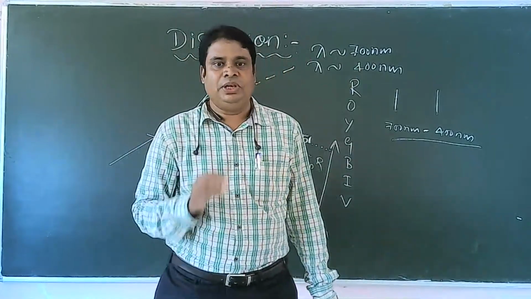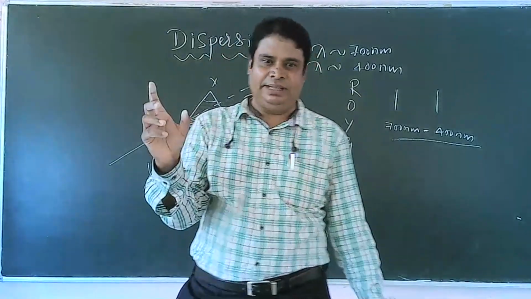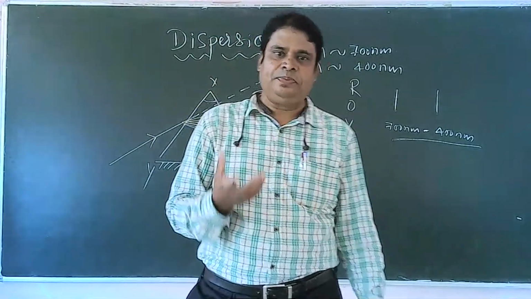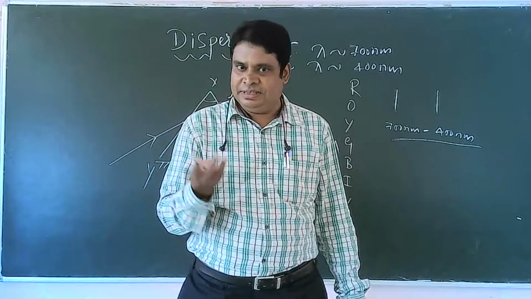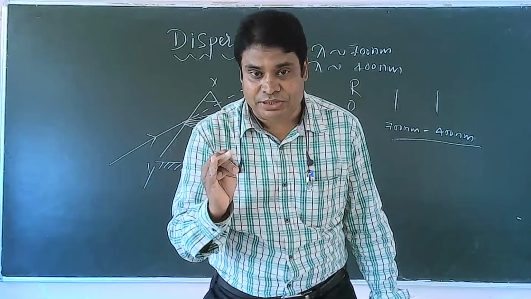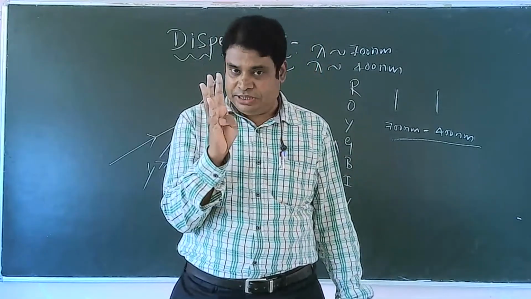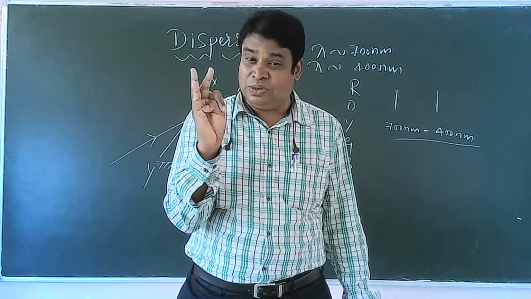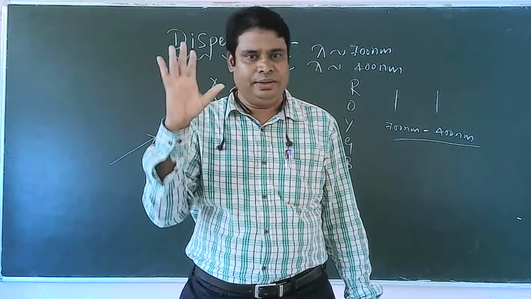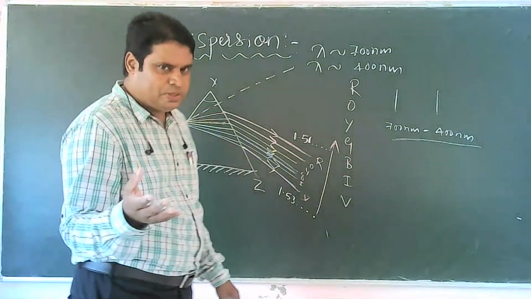Remember, strictly speaking, your rainbow is due to the combined effect of dispersion, refraction, and total internal reflection. Let me repeat. It is due to the combined effect of dispersion, total internal reflection, and refraction. Okay. There are two types of rainbow we observe. Probably you have observed that.